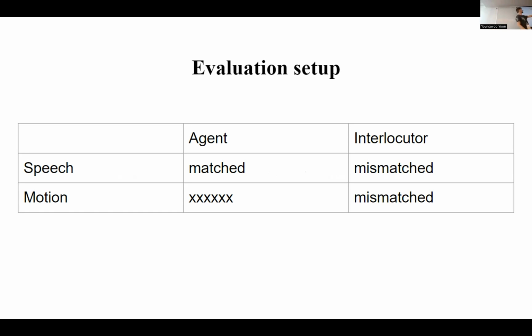And we specifically selected the matched and mismatched segments in such a way that for the subset that we will use for evaluation, the speaking state is the same. And in fact, in this, we were focusing on the listening. So in both cases, the main agent would be listening. They will be always generating listening behavior, but in one case for this conversation, and another case for some other conversation.